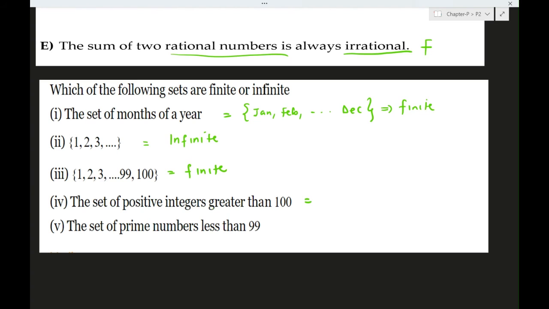And here the set of positive integers greater than 100. You cannot exhaust it, because you can start from 101, 102, and you keep going. So this is infinite.